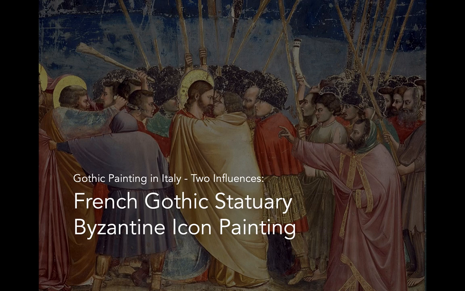The first is Gothic statuary, especially French Gothic statuary from up north that we just saw outside of Reims Cathedral, the Visitation between Elizabeth and Mary. And the second influence, also really important, comes from the east, which is Orthodox Byzantine icon painting, which we studied this semester already. So visually, you're going to be attuned to that influence.